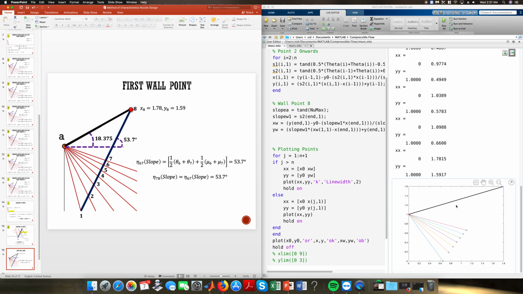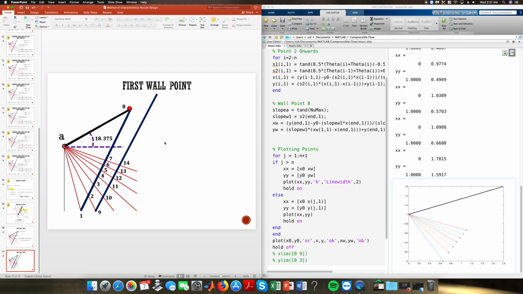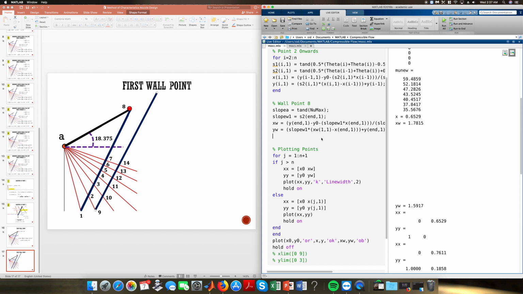So now what do you do? You do the same thing, but you consider the second left running characteristic line. Again, the equations are the same. The way you code is all the same. There's nothing else that changes.